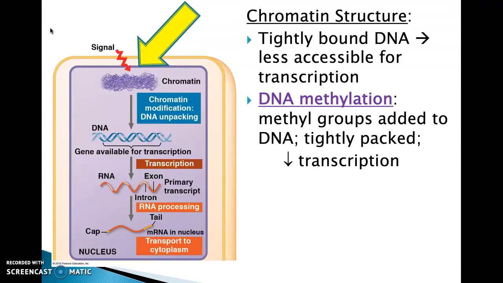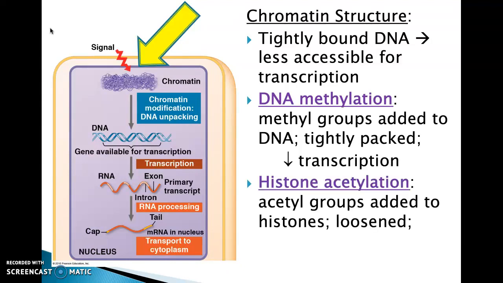Another way that chromatin can be modified, again one of the first control points, is histone acetylation. This is where an acetyl group is added to the histone, the protein itself. Now, what is an acetyl group?